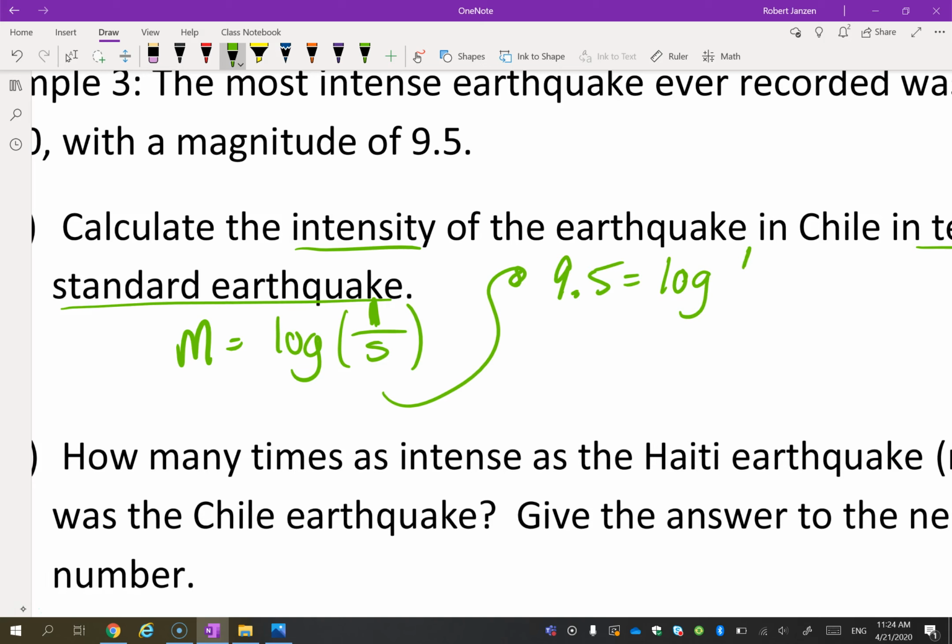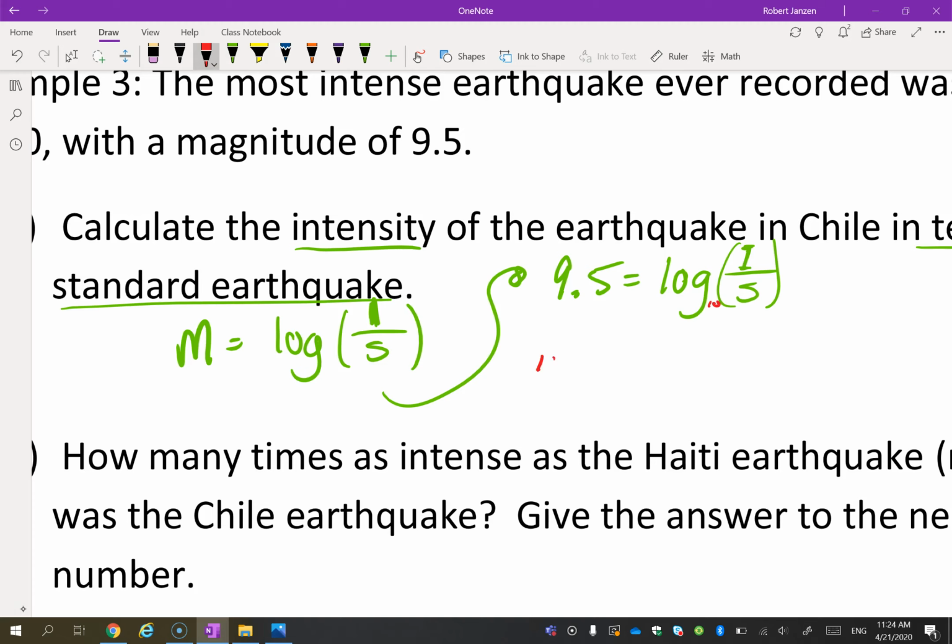and we're supposed to isolate this for I. Okay, now if you remember solving an equation with one log, you change to exponential form. Now it's not written, but we have to know this is a base 10.